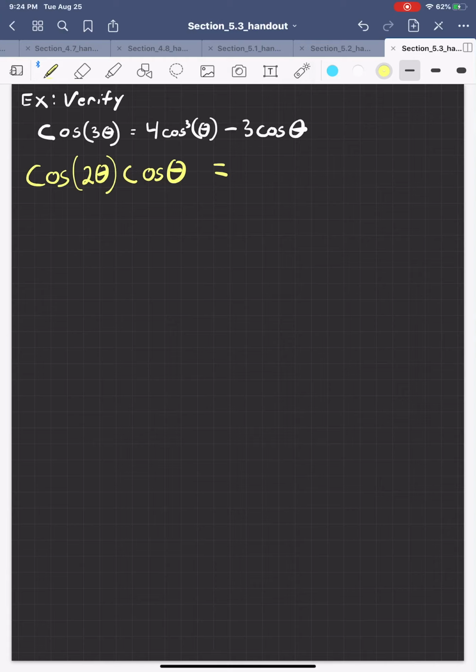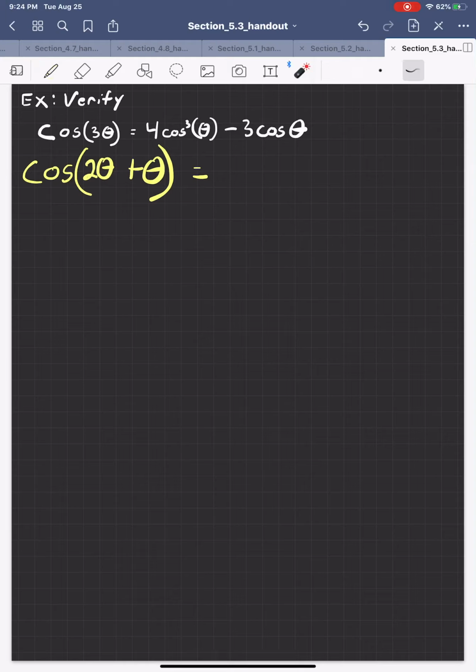And now, my sincere apologies. I wrote that incorrectly here. I think I'm starting to get tired. What I meant to say, cosine of triple theta, it can be thought of as cosine of 2 theta plus theta. That looked weird for a second, but now I know what I was doing wrong. So of course, if you have 2 thetas, you add another one, we have 3 theta. So we could think of it as the sum of 2 angles.